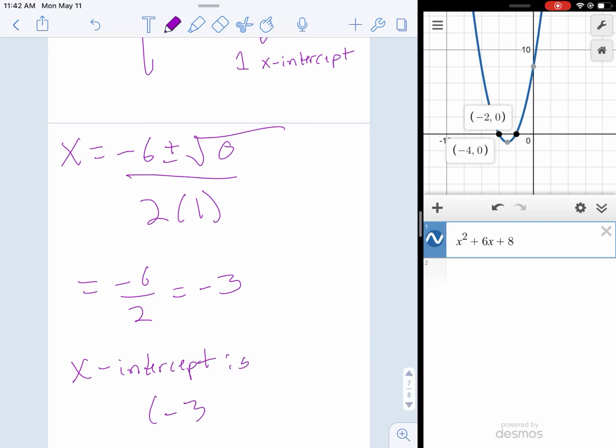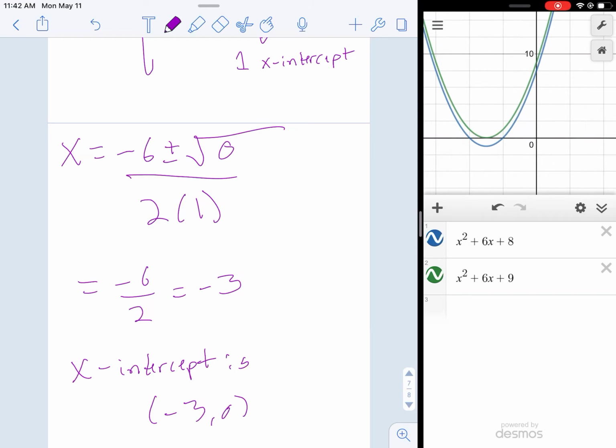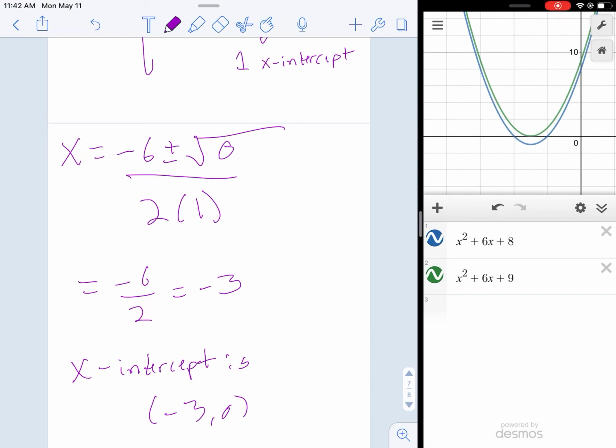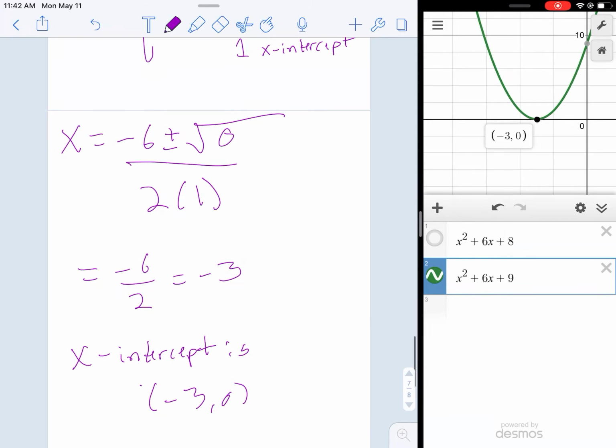is (-3, 0). And if I compare this to our last graph, we have x squared plus 6x plus, this time we have 9. Let's go ahead and compare those two graphs. Okay. So our new graph touches the x-axis exactly one time at (-3, 0), and we calculated that.